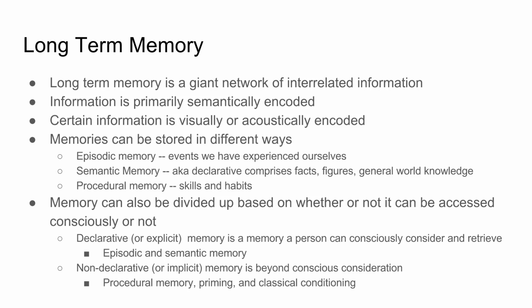But others would be non-declarative or implicit memory, which is generally beyond conscious consideration. Some of that is procedural memory, habits that you have. You can't really access those. You just kind of do them in general. And then there's priming and classical conditioning. In classical conditioning, you are making memories, but you're not necessarily conscious of it. And so therefore, you can't really access those memories, or at least you can't access them well.